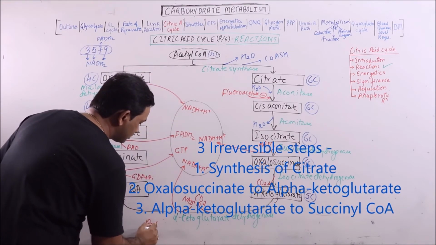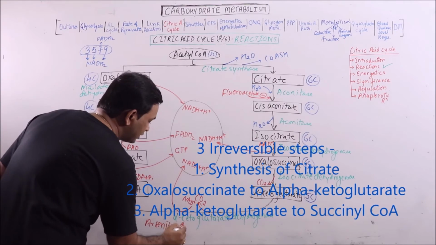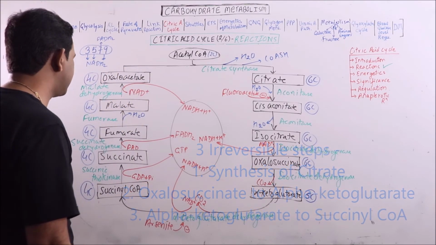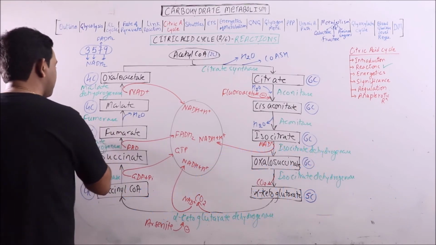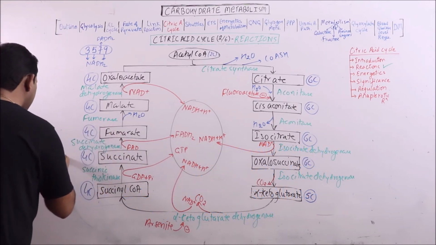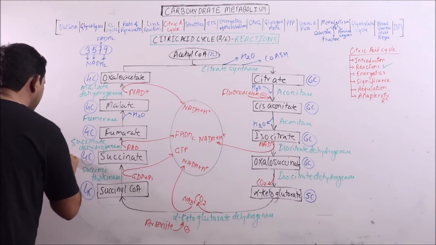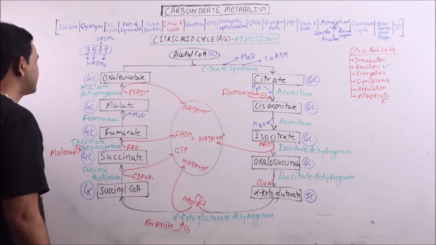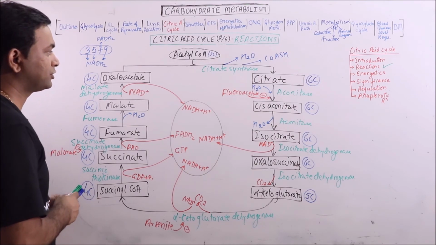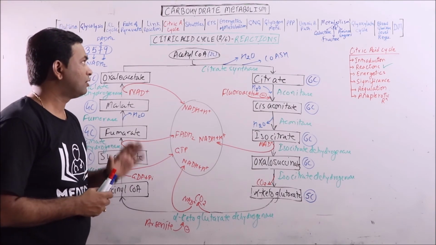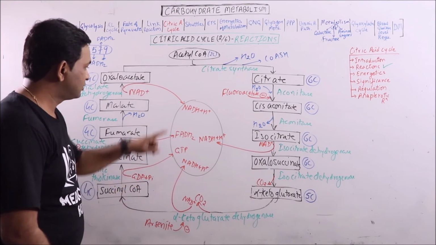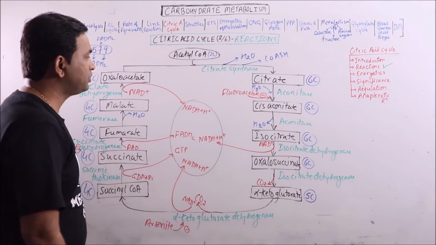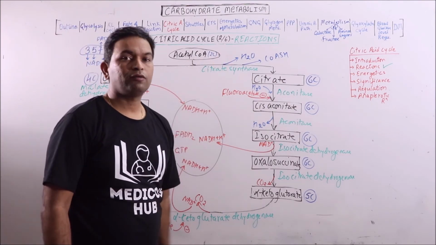Arsenite inhibits the alpha ketoglutarate dehydrogenase catalyzed reaction, and malonate inhibits the succinic dehydrogenase mediated reaction. So the final outcome of this citric acid cycle is 3 NADH, 1 FADH2, 1 GTP and 2 molecules of H2.